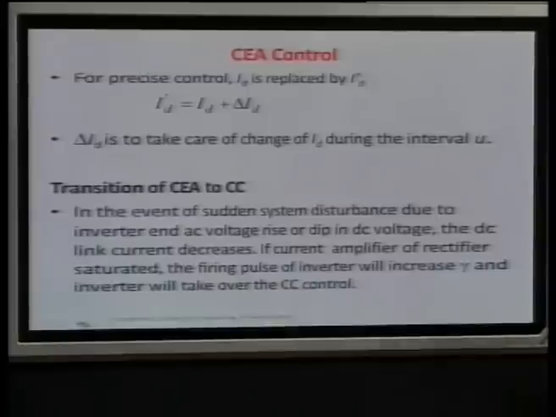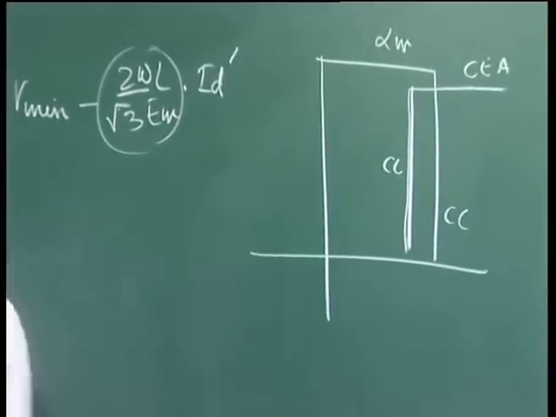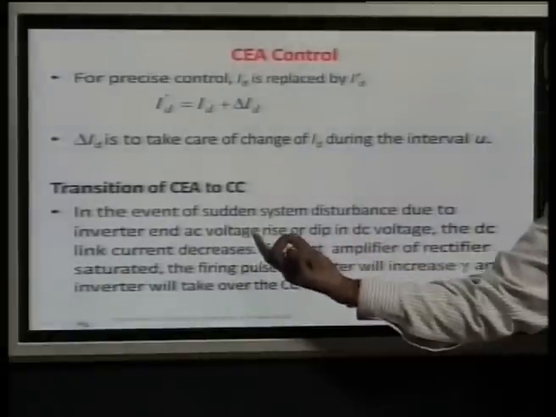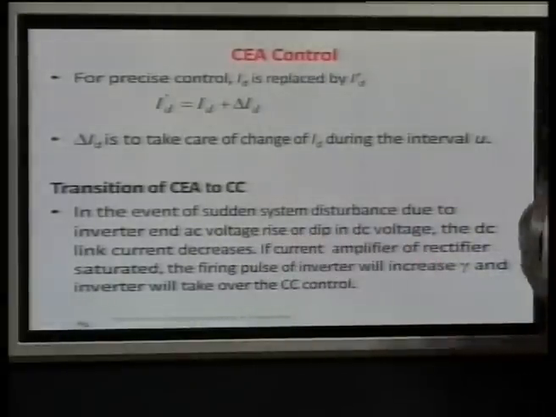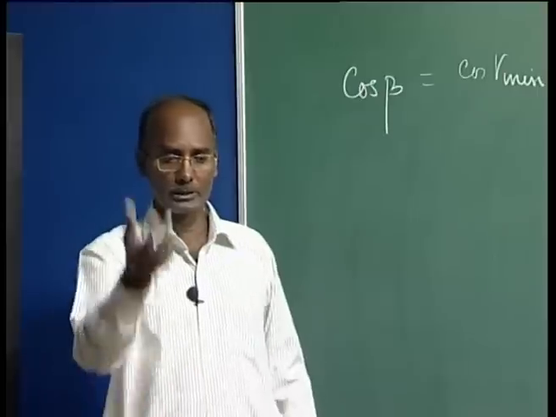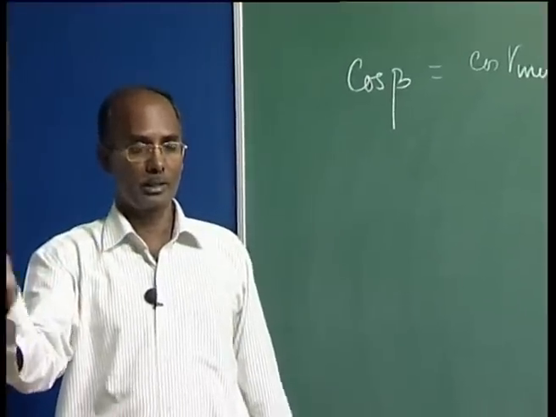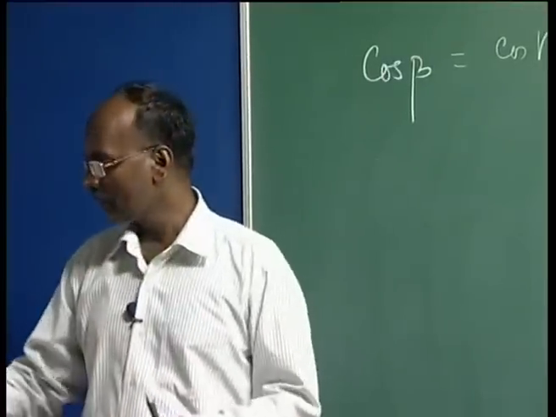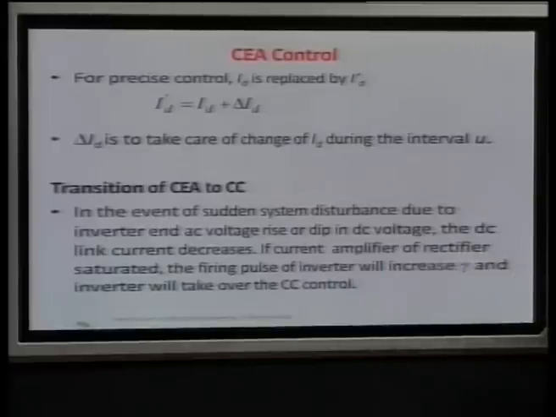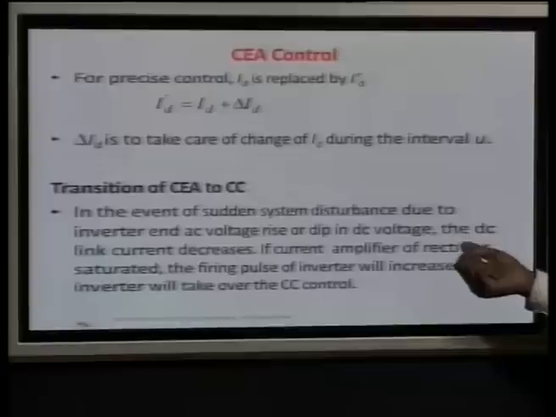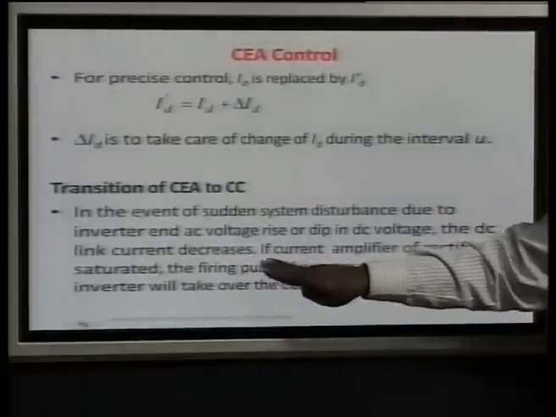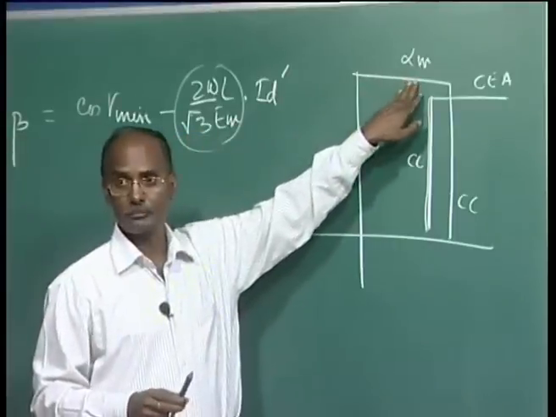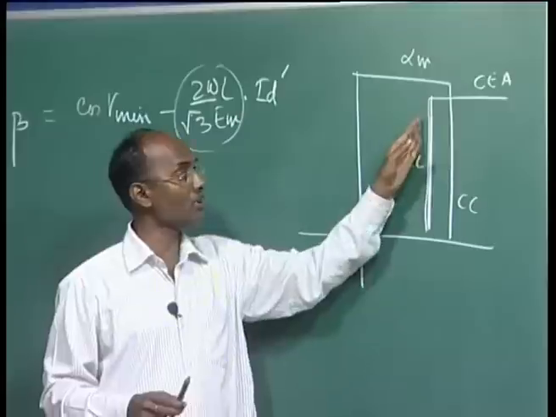Then how do we manage this, how is it going to change? In the event of a sudden system disturbance, due to the AC inverter end voltage rise or a dip in the DC voltage, what will happen? If the voltage rises at the inverter end, then your ID is going to reduce, or due to some voltage dip in the DC link also, the current may decrease. Then this side, your current controller is saturated, and it has to be shifted here.